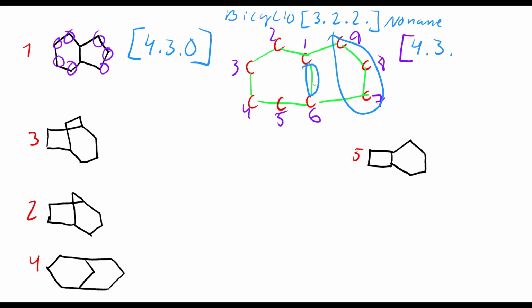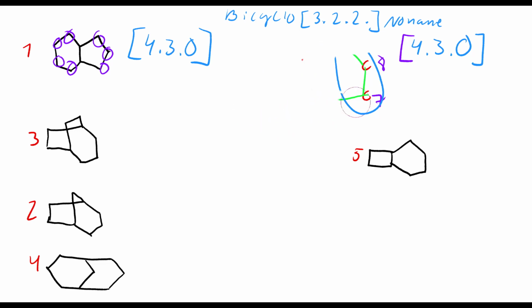Do you see a carbon between these 2 bridgeheads? No. There are 0 carbons in here. So that is a 0. That is 430 nonane. So it's bicyclo 4.3.0 nonane, and that is not what we're looking for. So that's the basics for naming bicyclic compounds.